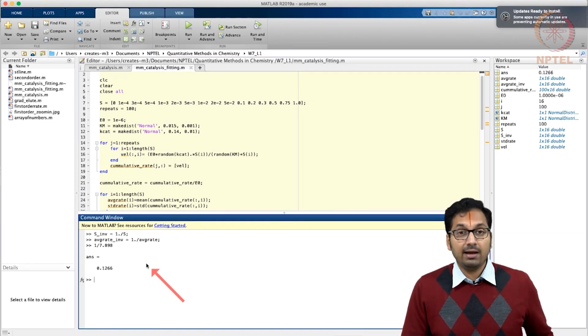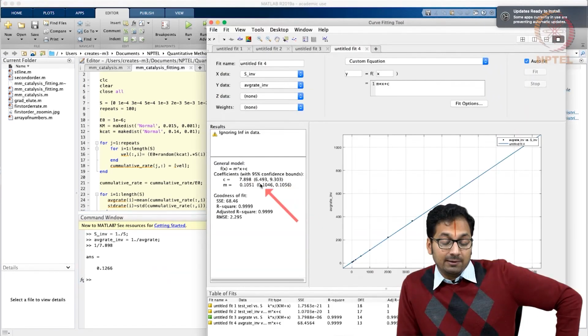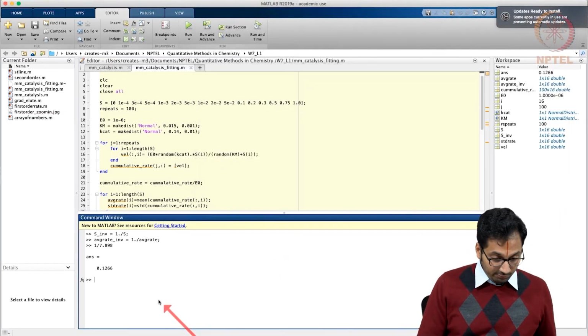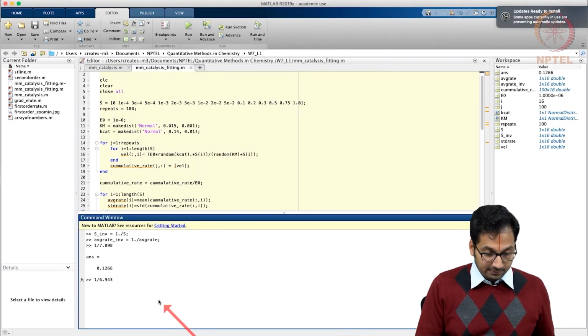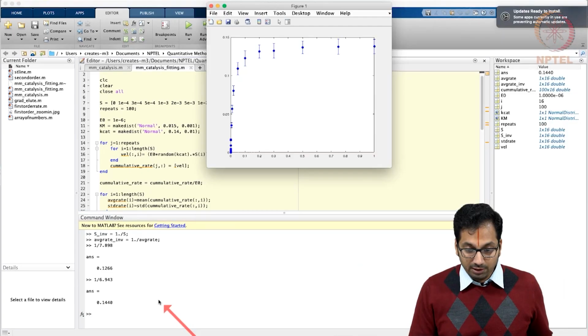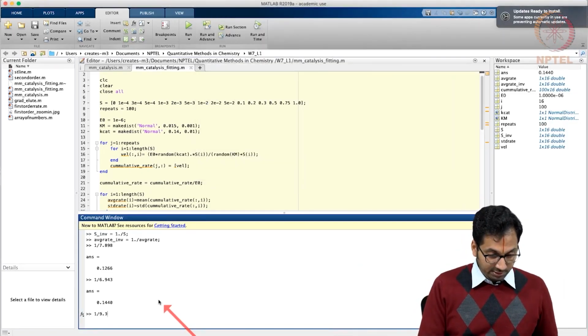Oh wow, so you are able to realize there is a difference that comes in kcat. You wanted a kcat of 0.14, and the error in the slope or the intercept is significant. You are able to see the error in the slope goes from 6.943, why don't we invert that and see, 6.943, so that's 0.144, and 1 over 9.303.